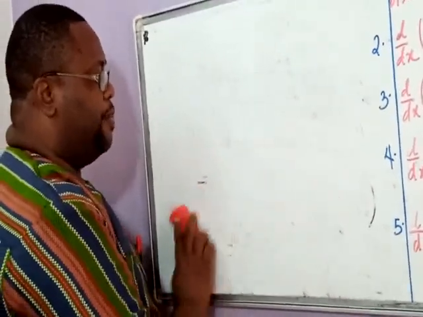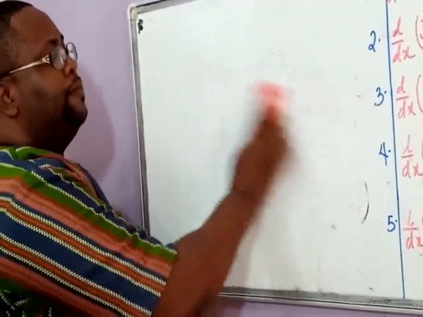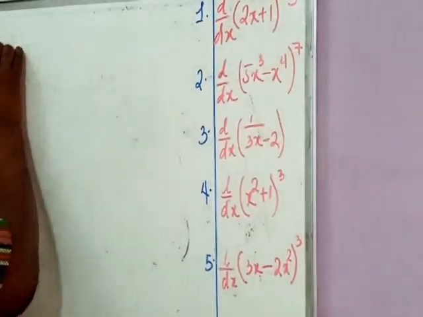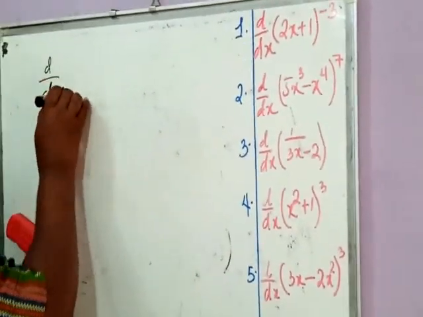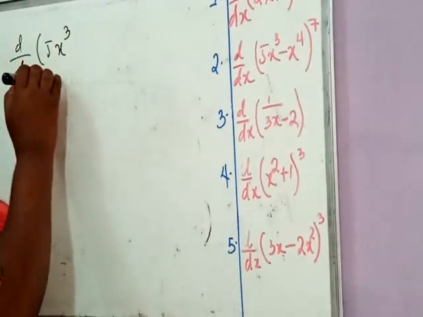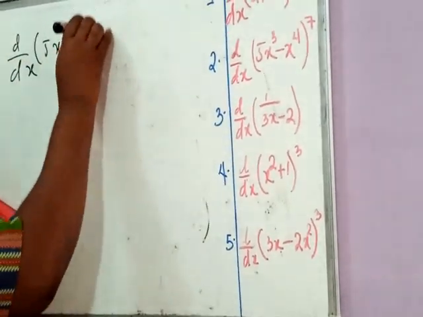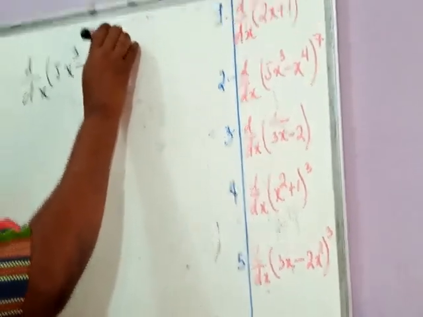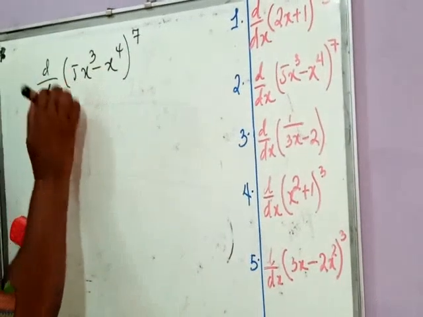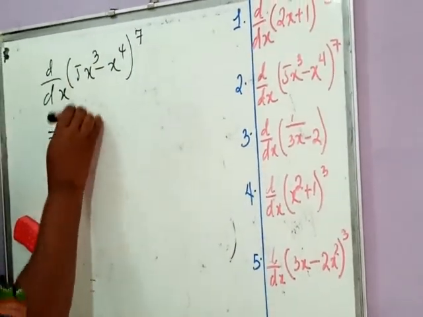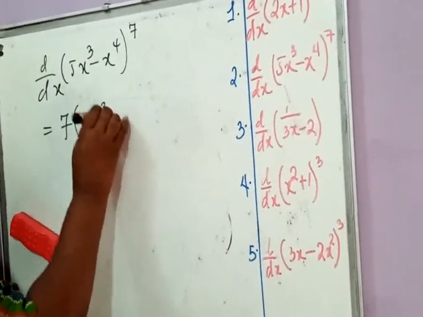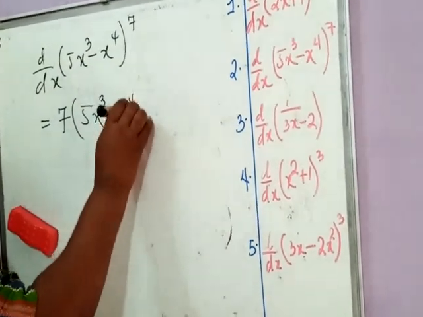The second problem says we should differentiate d by dx of 5x cubed minus x to the power 4, all raised to the power 7. So this is simply going to be equal to, I'll take this 7 and bring it down. So I have 7, then I'm repeating this without touching anything, 5x cubed minus x to the power 4.